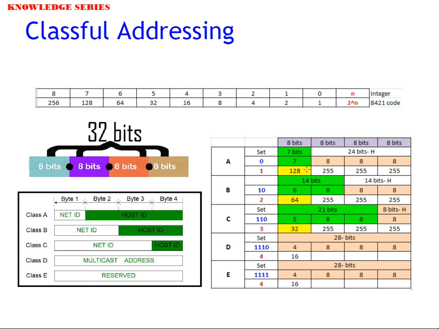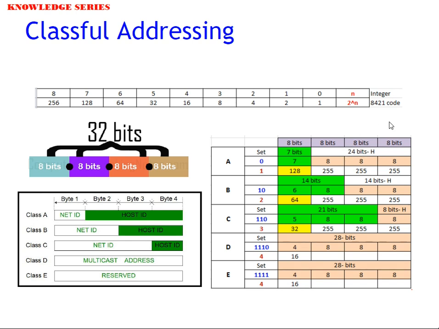On the other hand, the remaining section is 24 bits, which we use to define the number of hosts. To define the number of hosts, we use the formula 2 to the power of the number of host bits, minus 2.